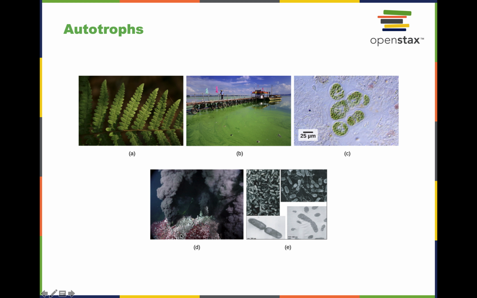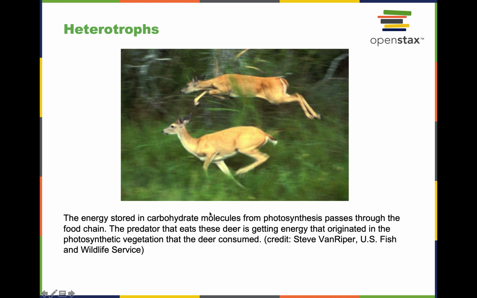This is the thermal vent that I was talking about, at the bottom of the ocean, and bacteria that live in these areas use some form of the sulfur molecules that come out of here as a source of energy. Heterotrophs are organisms that depend on autotrophs for living, which is pretty much most of the organisms living on Earth, like these deer that eat plants and run around.